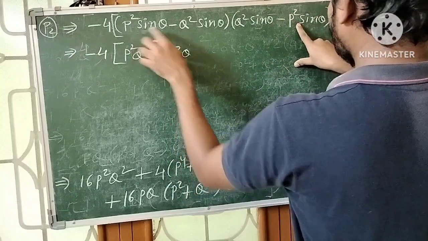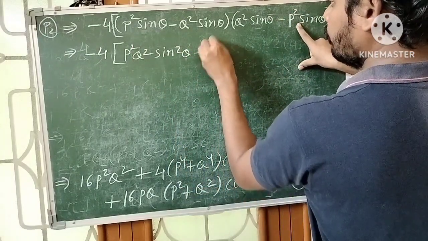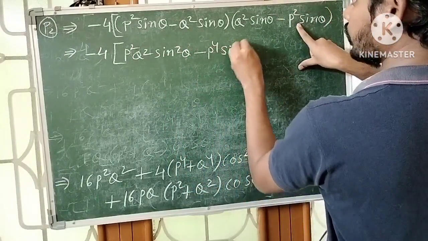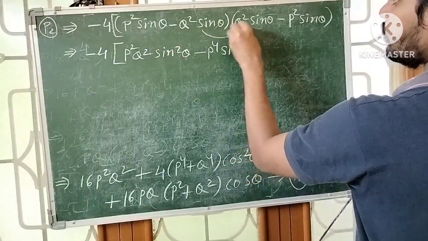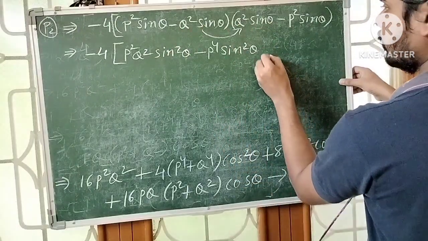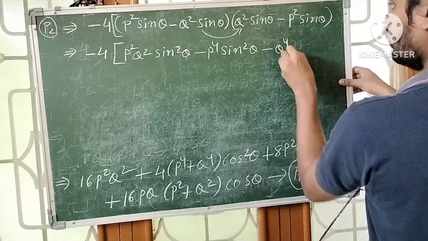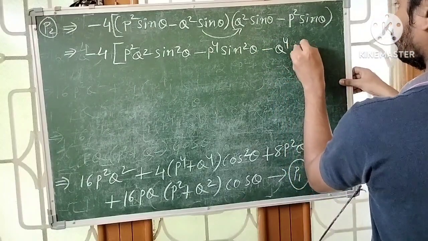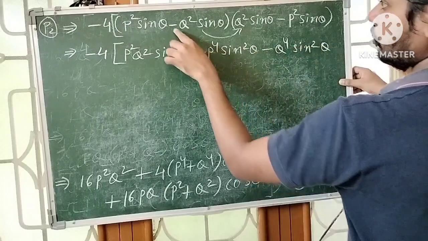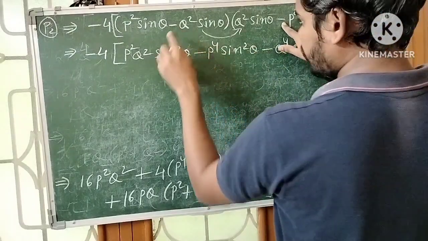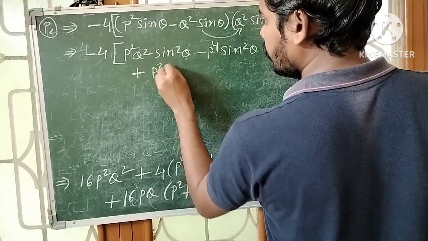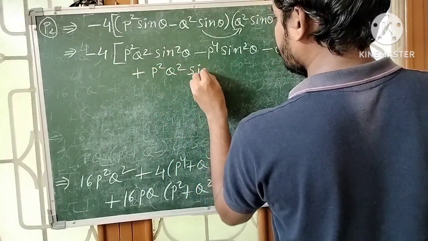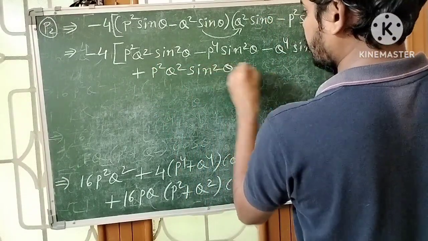P square sin theta into minus p square sin theta, minus p power 4 sin square theta. Now distribute: minus q square sin theta into q square sin theta, minus q power 4 sin square theta. Minus into minus plus q square into p square q square sin square theta.